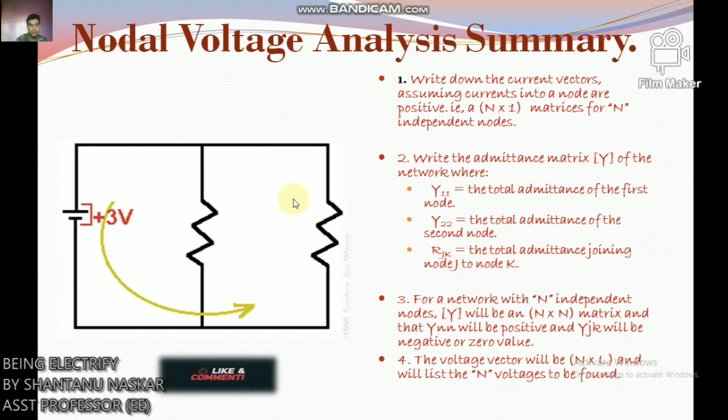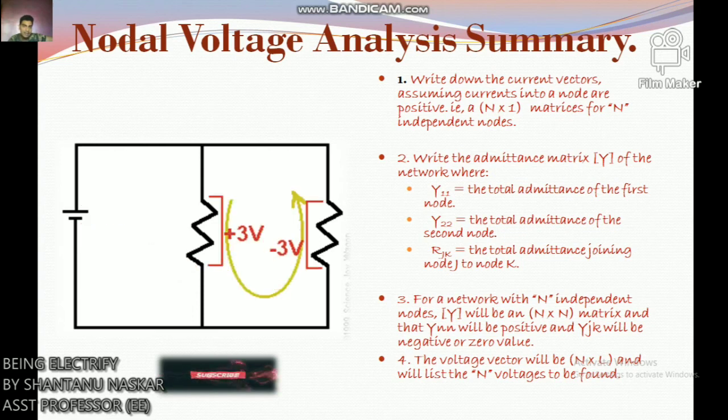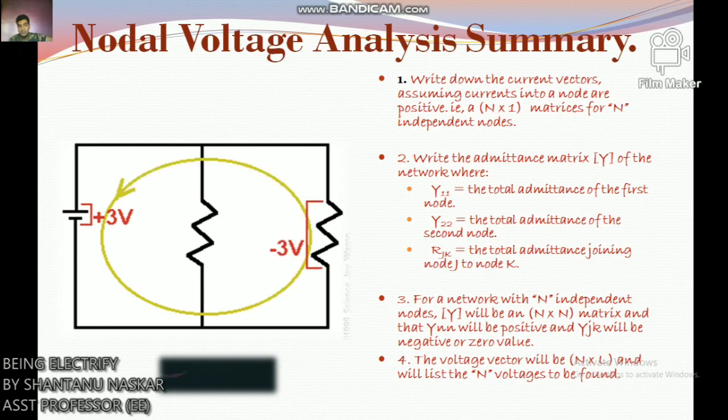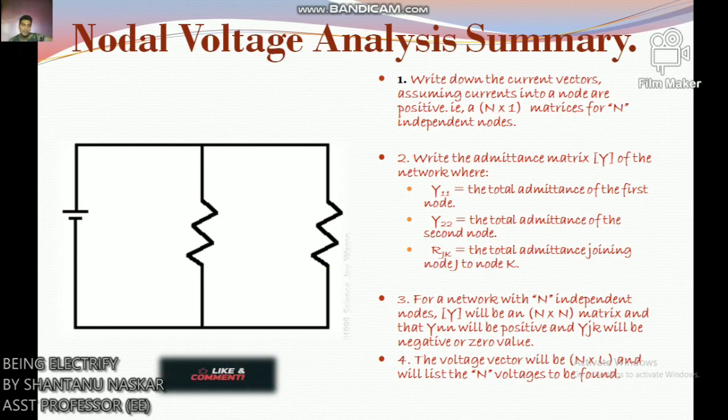For a network with n independent nodes, Y will be an n by n matrix, where Ynn will be positive and Yjk will be negative or zero. The voltage vector will be n by 1 and will list the n voltages to be found. So this is the nodal voltage summary.